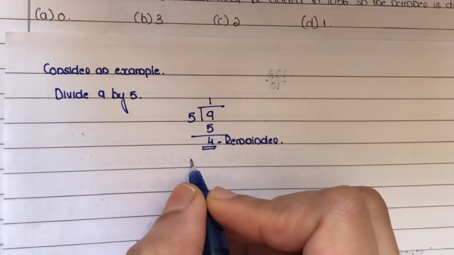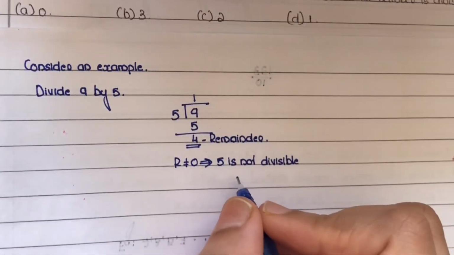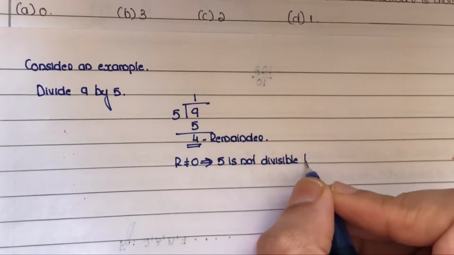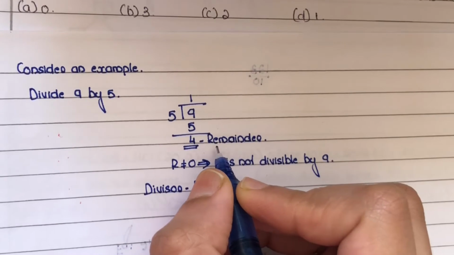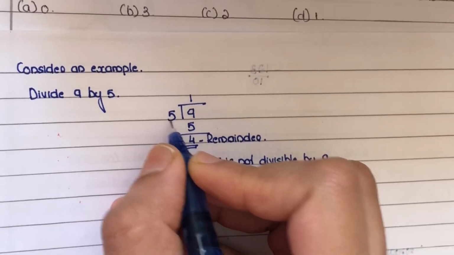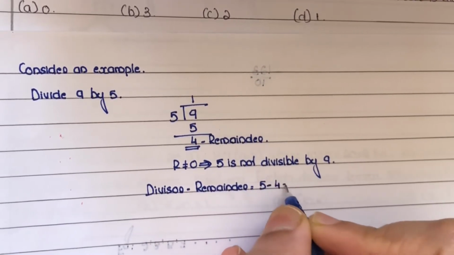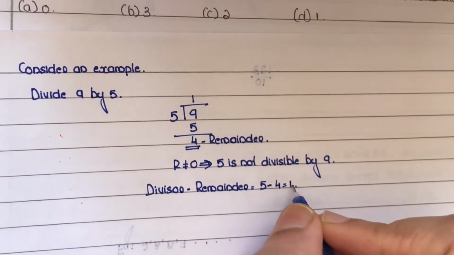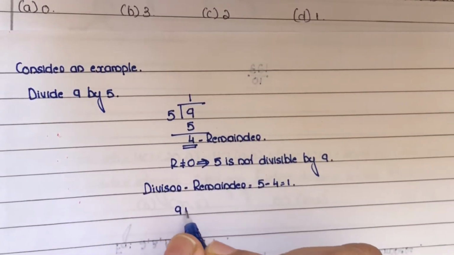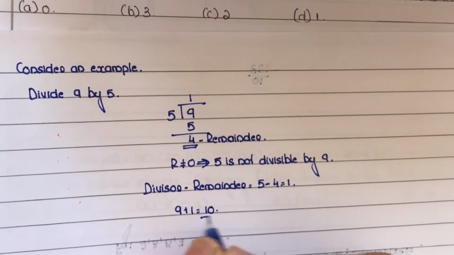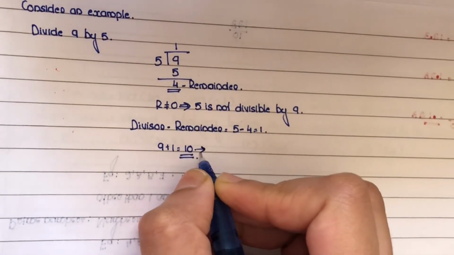The remainder is not equal to 0, which implies 9 is not divisible by 5. Now subtract this remainder from the divisor, that is 5 minus 4, which is 1. Now add this 1 to your dividend, that is 9 plus 1, 10. Consider this as the new dividend.